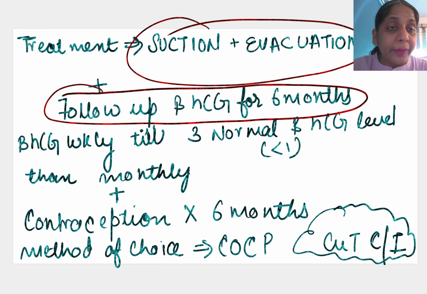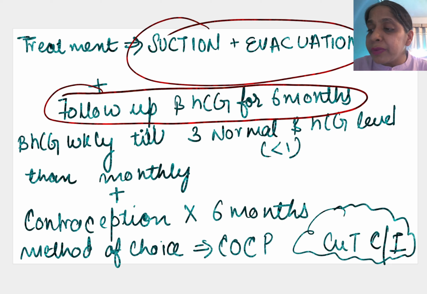RH incompatibility. Which test do we do in RH incompatibility? Indirect Coombs test. 26% of you marked hCG, but we do not get the hCG test done in RH incompatibility. We get the indirect Coombs test, ICT, done.